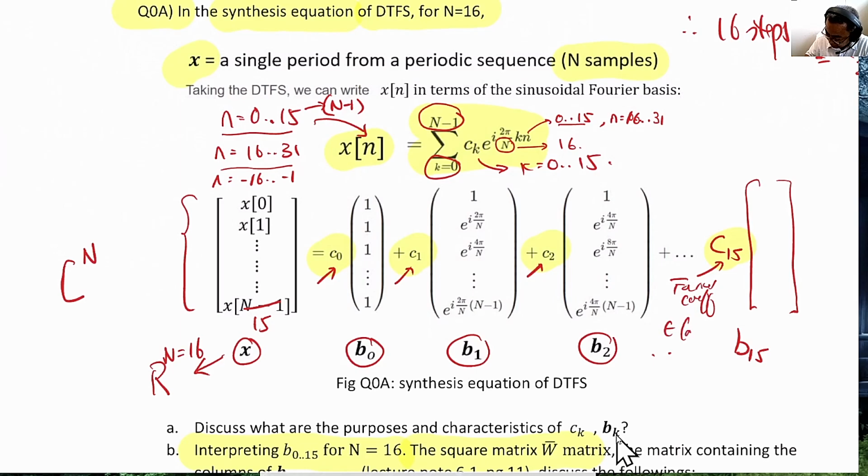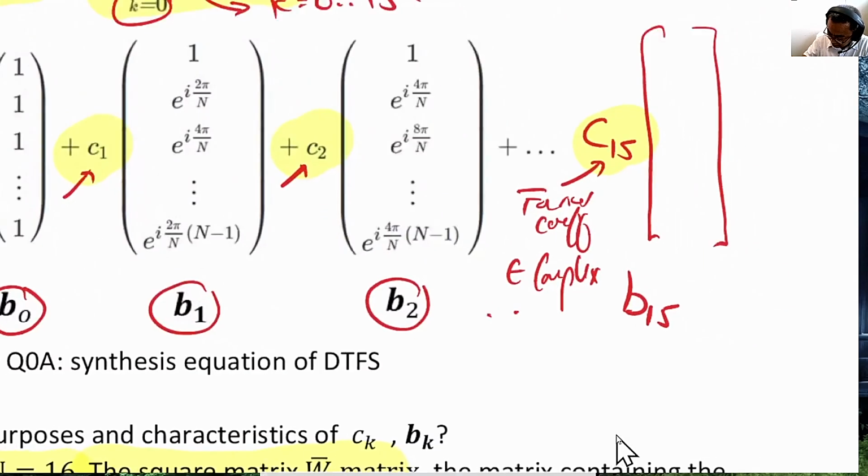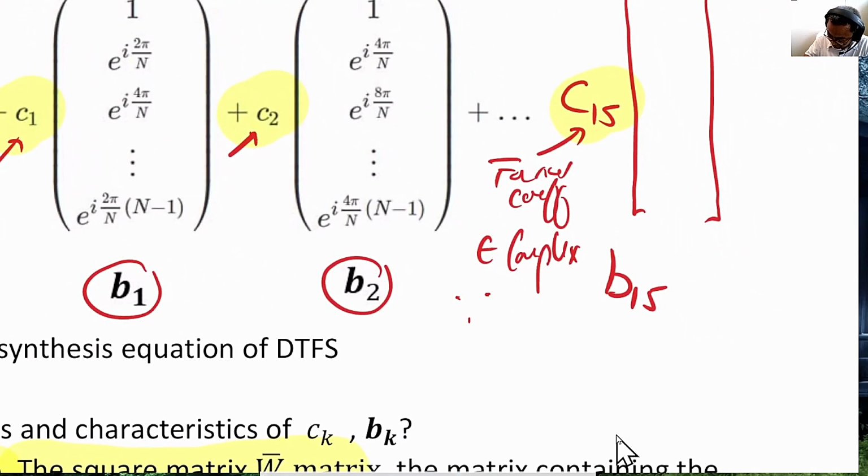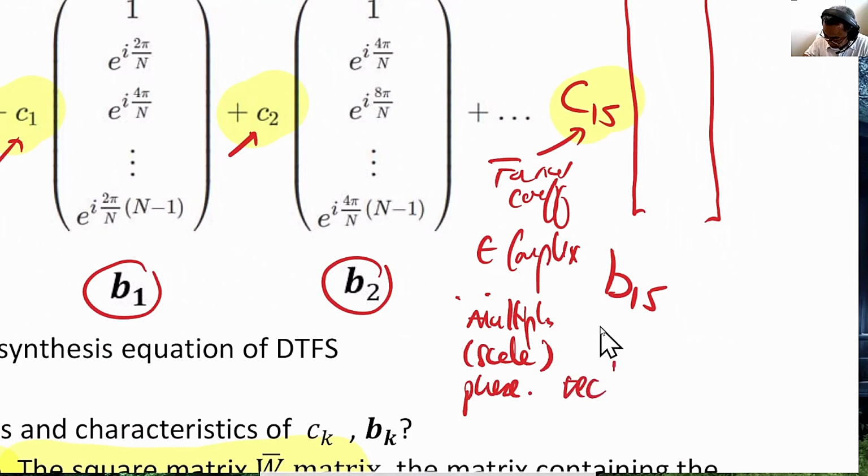They are complex numbers, and their purpose is to multiply, meaning scale the vectors b_k, and introduce phase into the vector b_k. What do I mean?